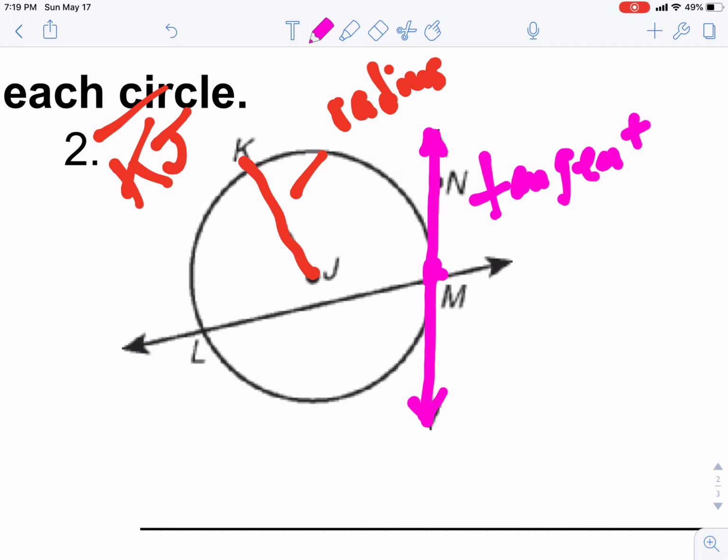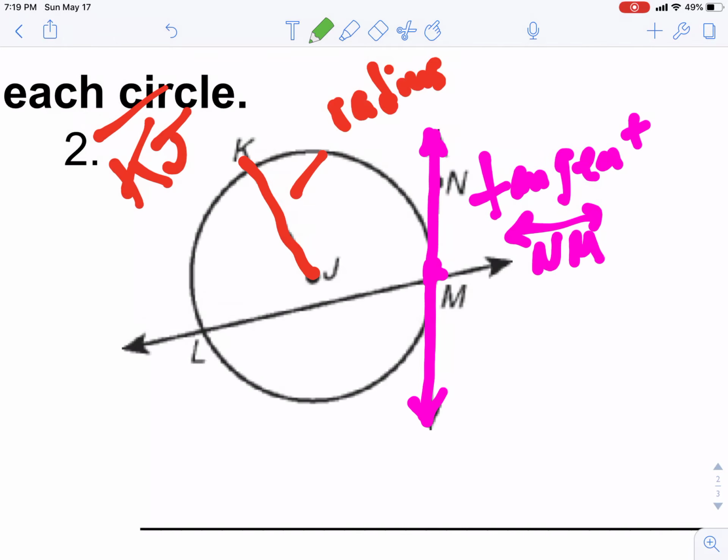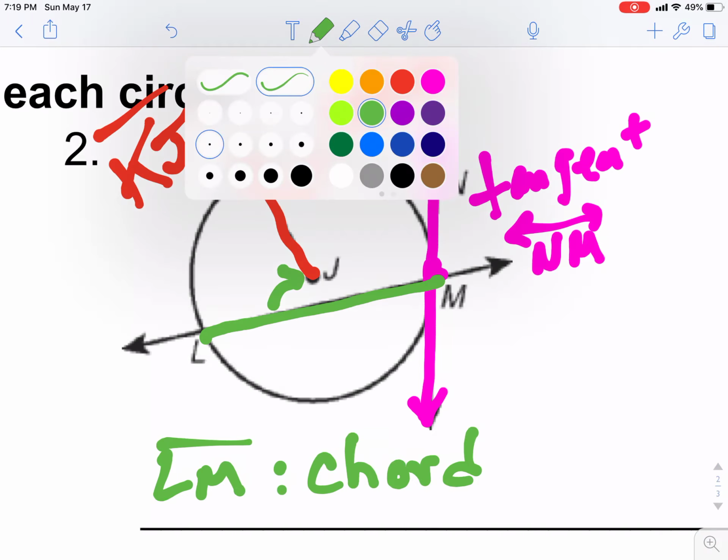So that's tangent, we call that NM, and it's a line. Then here comes the tricky one. We have LM. If we're talking the segment, we call that a chord. Notice how it doesn't go through the center J. If LM went through the center, then it would be a chord, and it would also be considered the diameter as well.